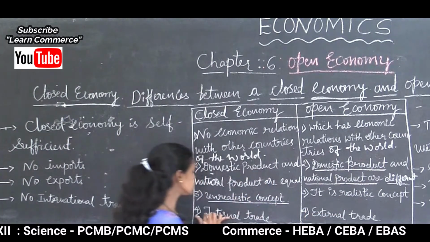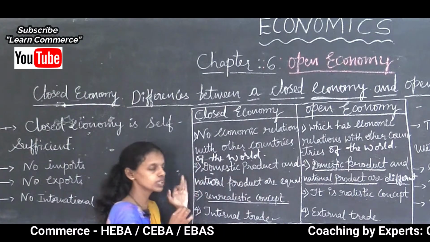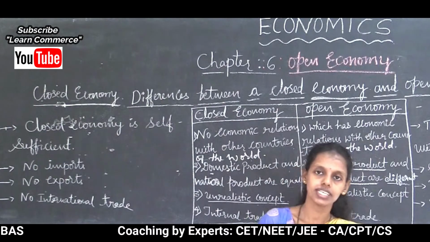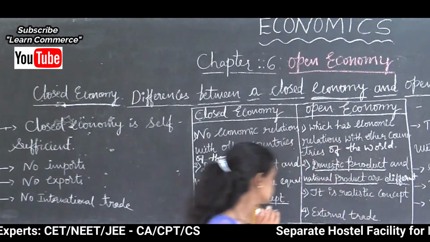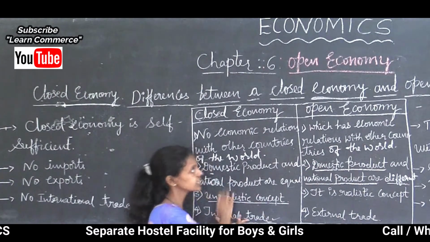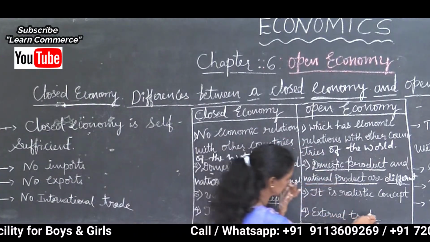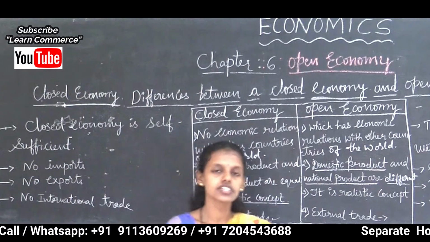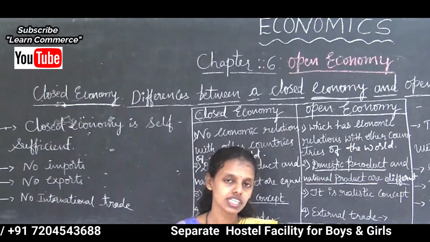Thus, in a closed economy only internal trade takes place. Whatever raw materials we use, we use by ourselves, and there is internal trade, with no international trade. In an open economy, external trade takes place. Why external trade? Because here we are exchanging goods with each other.